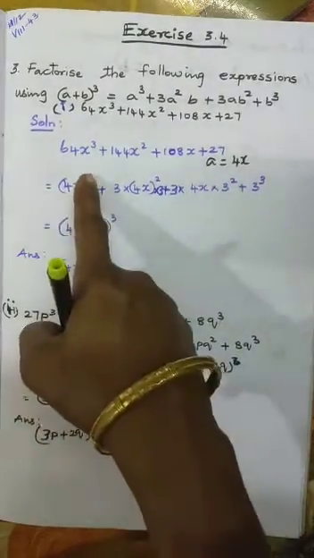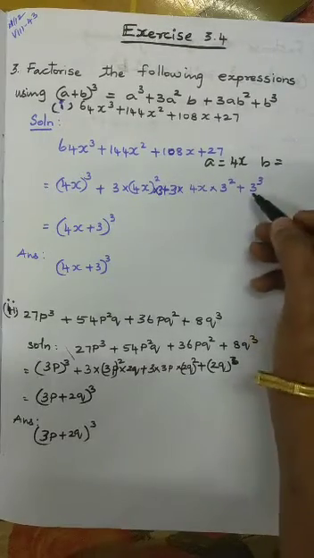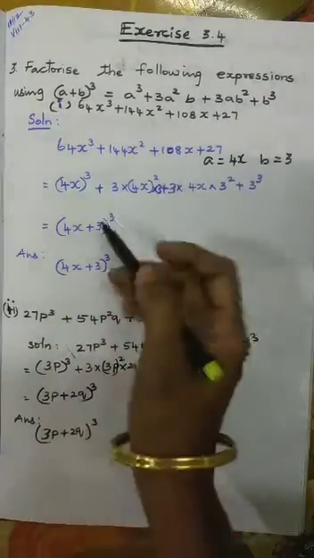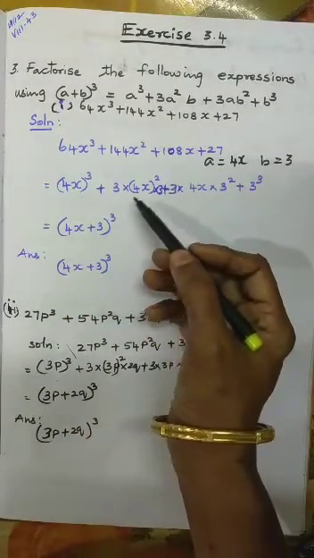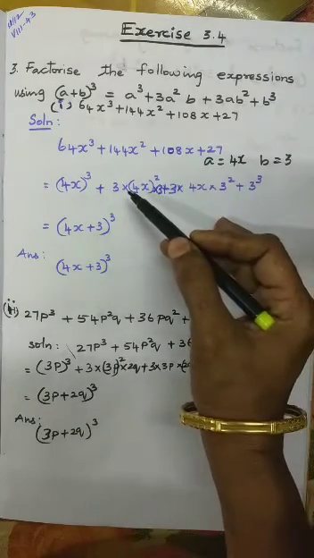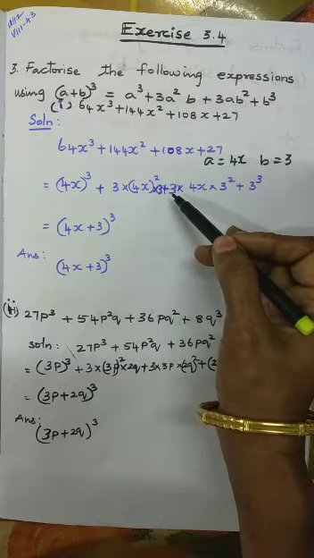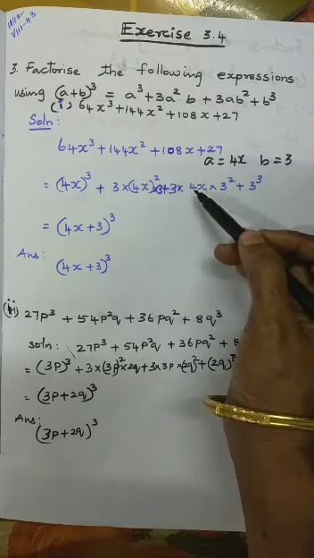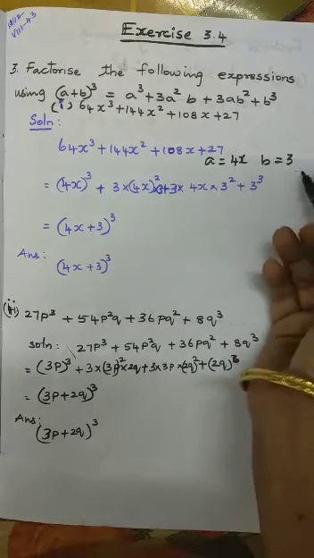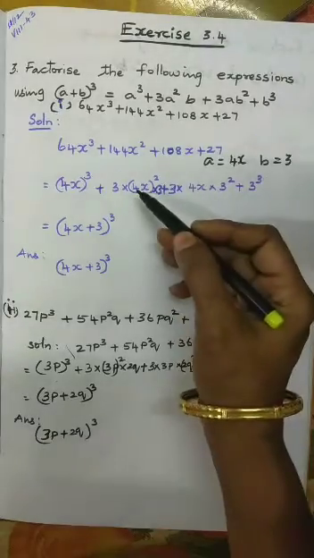And b is equal to 3. And now you substitute here 3 into a square b. So (4x) the whole square into 3 plus 3 into 4x into b square, that is 3 square, plus 3 cube.